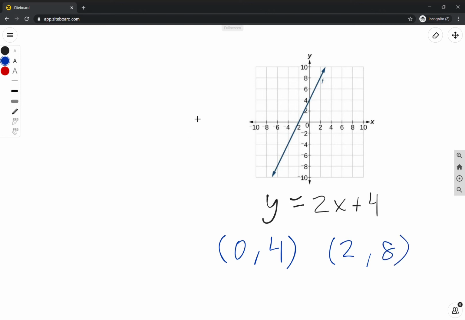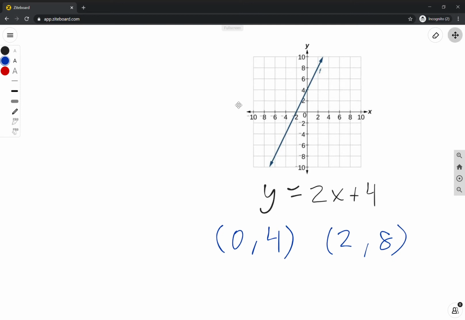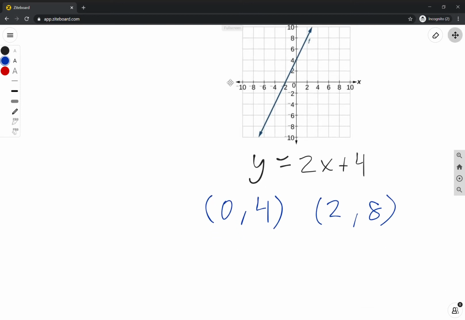So to calculate slope, first you're going to have to assign values for x1, x2, y1, and y2. This is actually a lot simpler than it sounds. All we're going to do is arbitrarily set one point to be x1, and then whatever is x1, its corresponding y value is going to be y1.